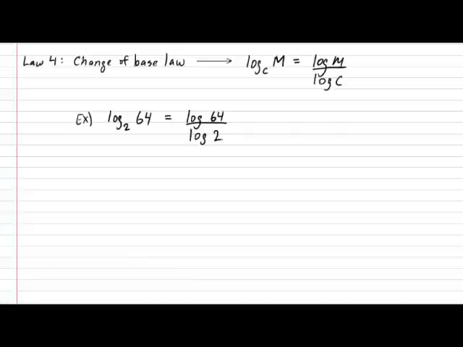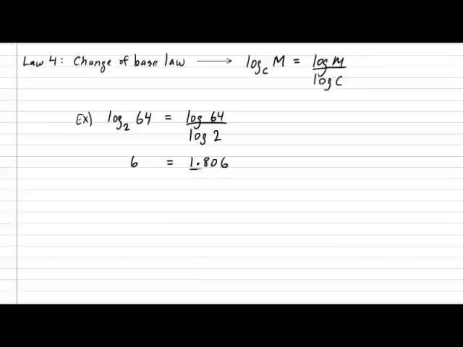Let's prove that when we simplify both sides, it will give us equivalent results. As we know, the left side is equal to 6, because 2 exponent 6 gives us back the 64. Equals to. Now, using your default log button on your calculator, punching in log 64 will give you an approximate answer of around 1.806.